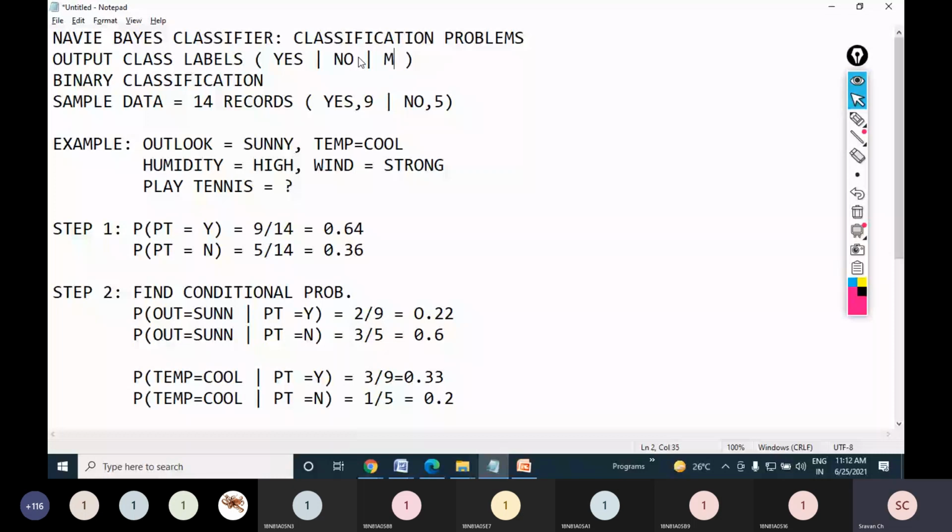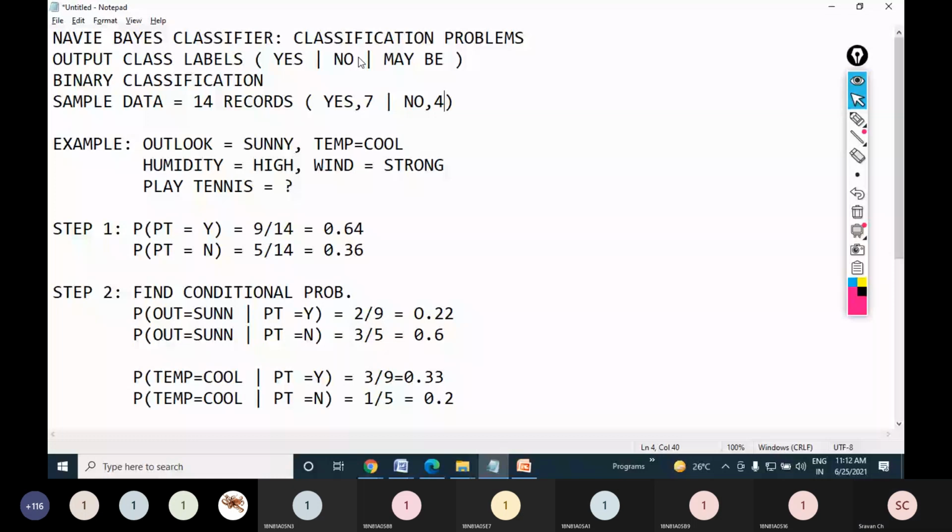So then I will go to my records. Out of 14 records, let us say 9 are yes, 5 are no. I'll just make it 7, and this I'll make it 4. So 2 removed, 1 removed, and this maybe is 3, right? Imagine. So like this I can do.